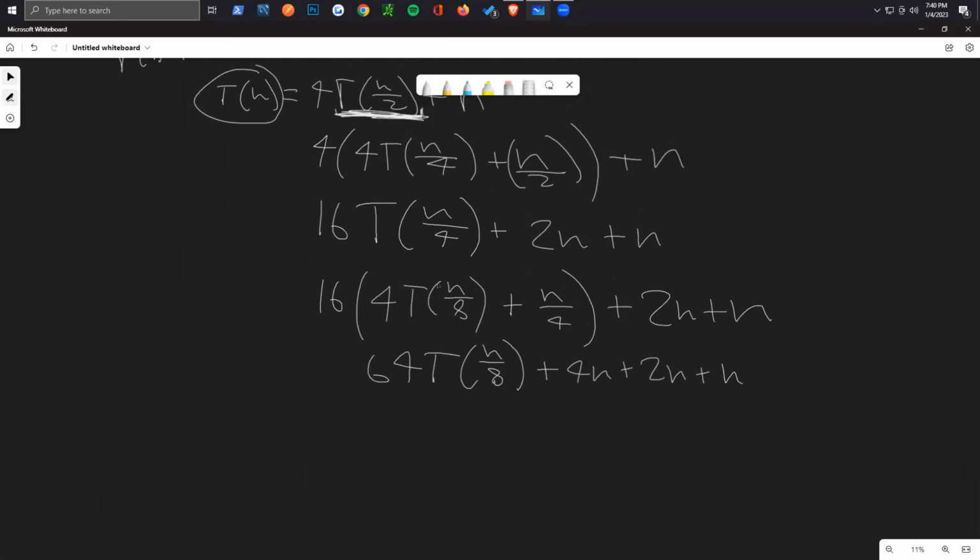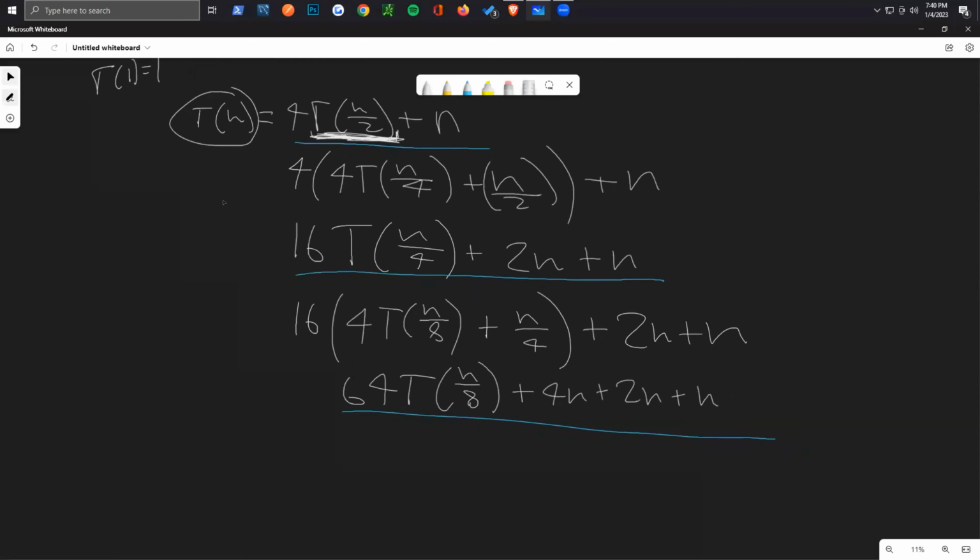Whenever we do each iteration, of course, these are the iterations right here, and this one as well, we notice that there's a couple things changing, right? So first things first, the variables, whatever we're passing into the t function, are constantly changing. We're dividing it by what factor, or really multiplying the denominator.